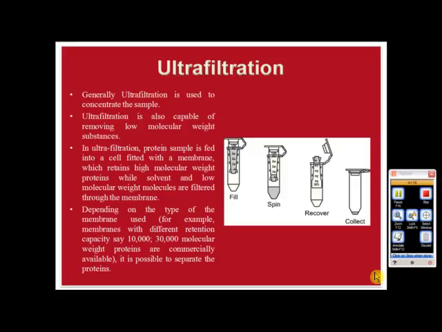Ultrafiltration. It is also similar to that of sealing, because in this ultrafiltration you will be having a membrane. So this is the Avogadro tube, and this you are seeing is a column. Just like in your plasmid isolation column, in that column you will be seeing a membrane made of silica membrane.